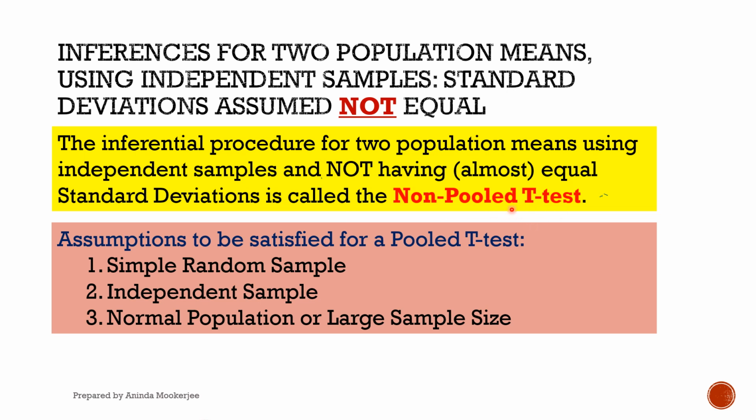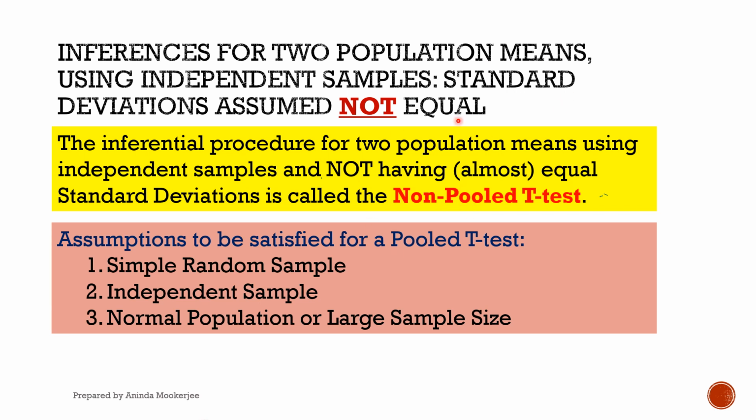Because the standard deviations are different by a big margin, we cannot combine them into a single standard deviation using the weighted average method, which we did for the pool test.